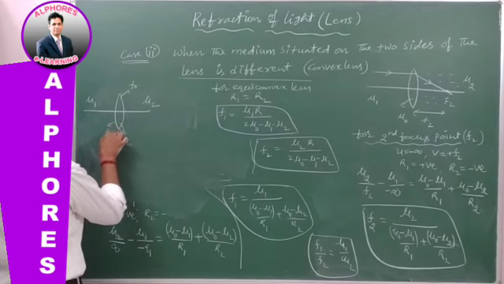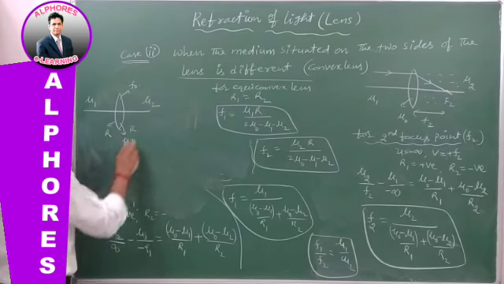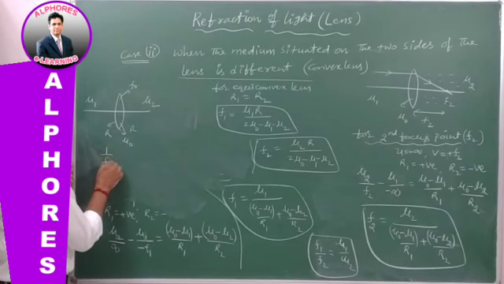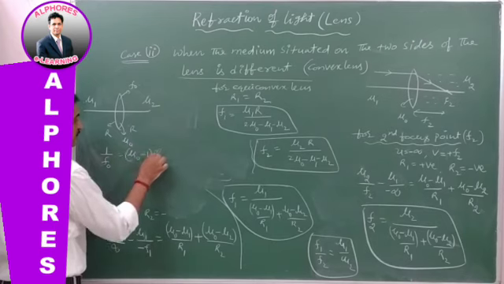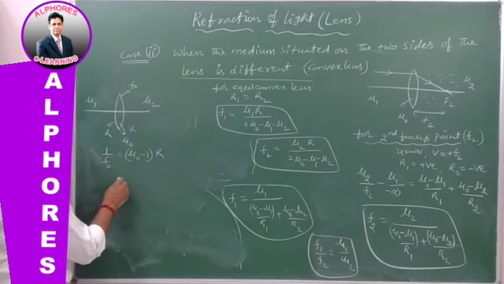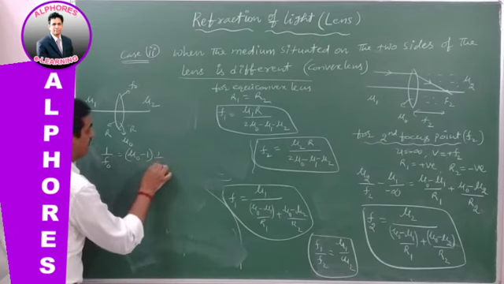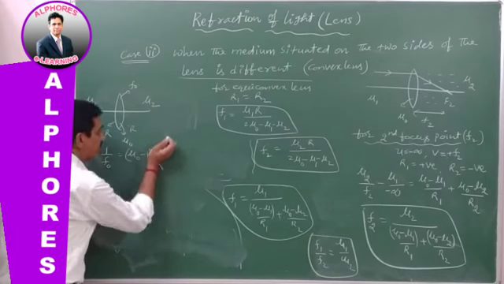R1 and R2 are both equal radius of curvature. In this case we can find the R value. How? From the lens maker's formula, mu naught minus 1 into 2 by R. Why is it 2 by R?